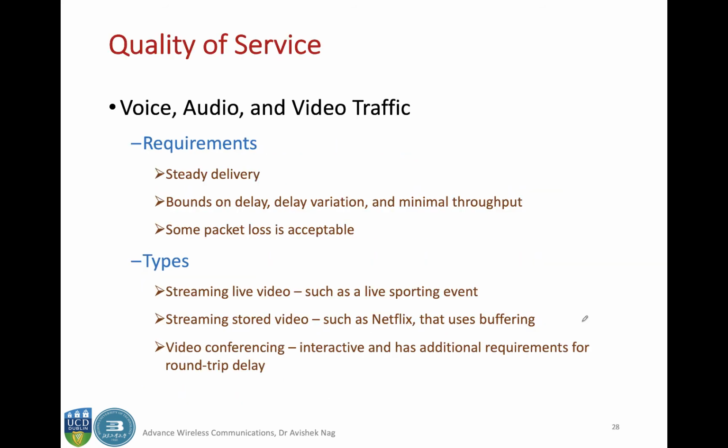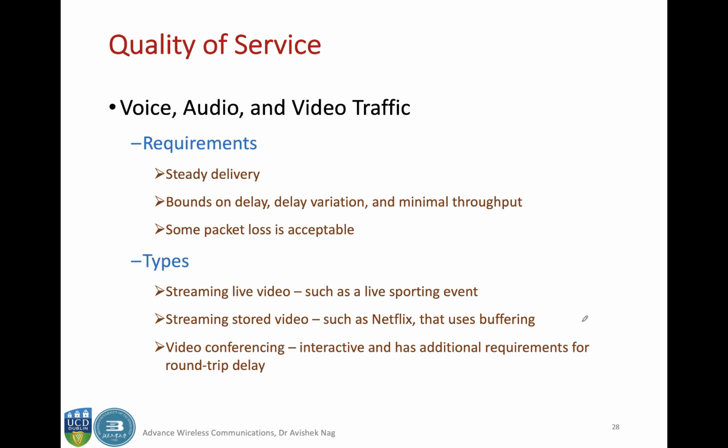Now let's move on to the concept of quality of service. Whenever we are talking about a communication network, we talk about quality of service. Let's say when you are sending some data over a network, the data can be of different types. It can be voice, audio, and video traffic.